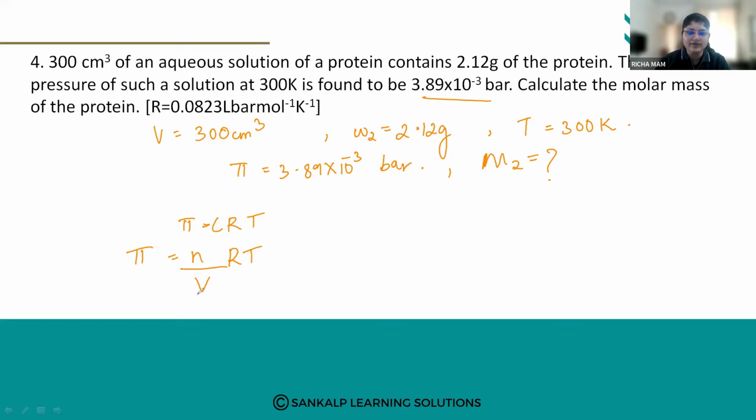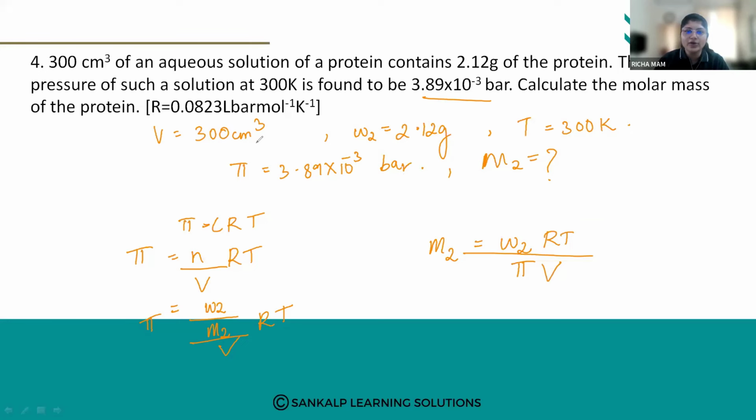Number of moles is given by mass, that is W2 upon M2, into RT upon V. So after calculating, you get M2 is equal to W2RT by pi V. So this formula you will use to calculate the molar mass of the solute. Now you put the values.